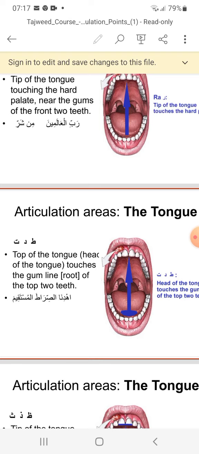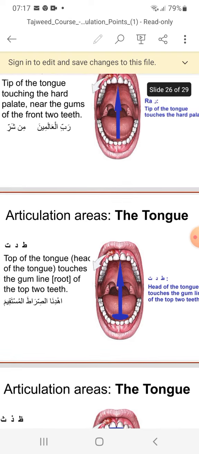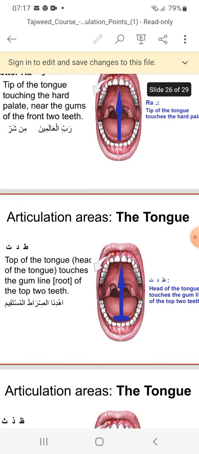So here we put the tongue, and we should differentiate from the word head, because head we will take with the letters coming next, which are the sin, the sad, the zay. Those letters we produce from the head, so we don't prefer to use the word head when we are talking about the letters ta, dal, and ta.